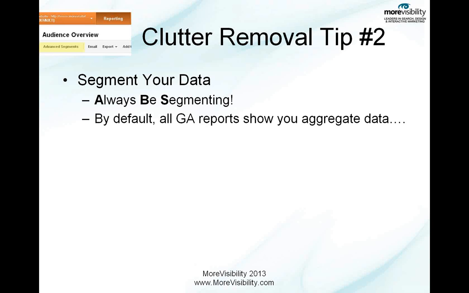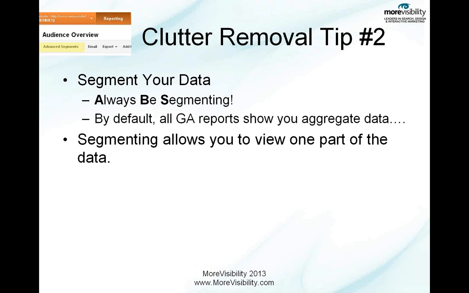So again, by default, all Google Analytics reports show you aggregate data. You can't tell a lot from that. Maybe a slight pulse you can get from how many page views and visits, but really, if you want to make improvements to your marketing, you really need to dig deeper and segment.